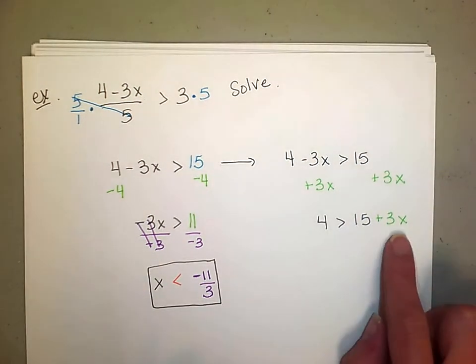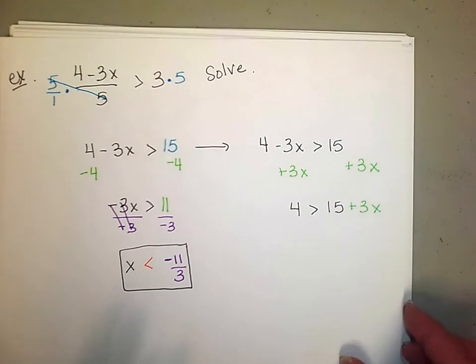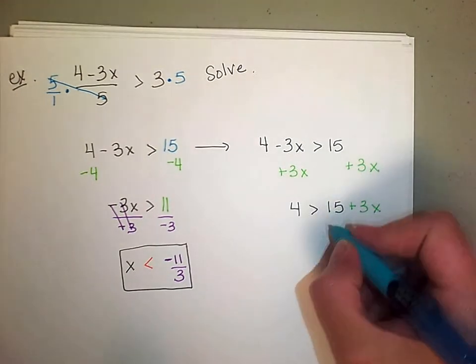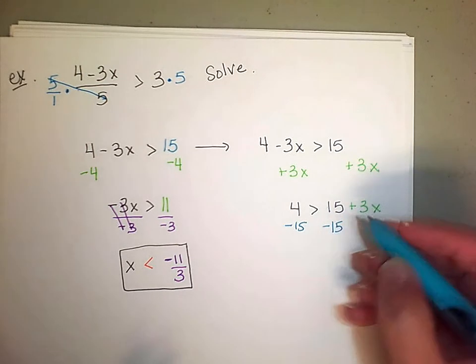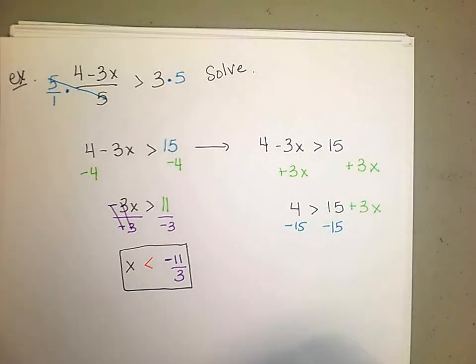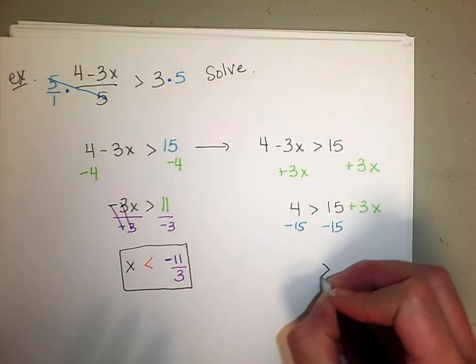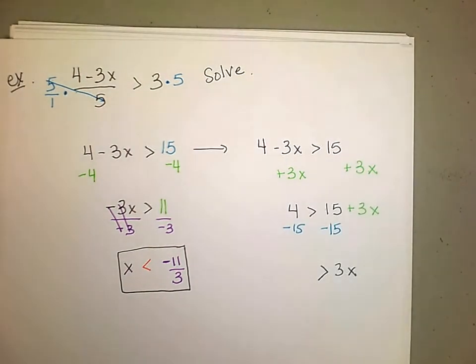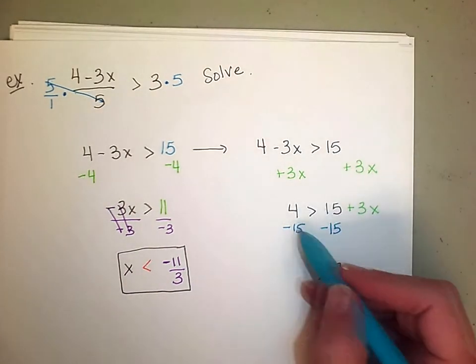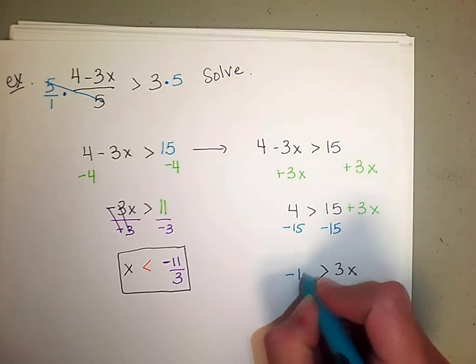By doing that, I've made the coefficient on x positive. Now we'll subtract the 15. This will go to 0. This has to be greater than or equal to 3x. And 4 minus 15 is negative 11.